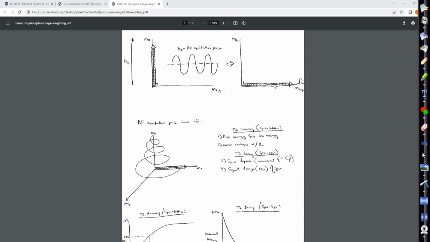Okay? But we don't want to sample right after we flip that vector into that transverse plane. Why do you think we don't want to sample it at that moment, where all those vectors are right there in that transverse plane at the same length? What do you think? No contrast between fat and water. There'll be no contrast between fat and water and all those other tissues.